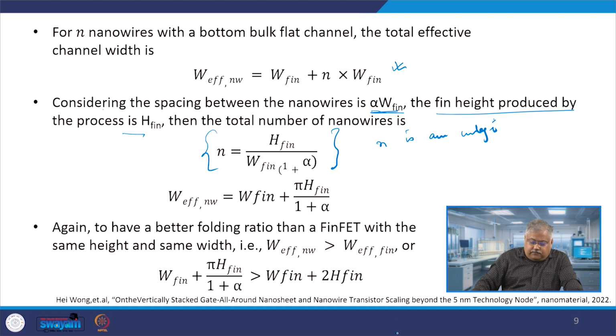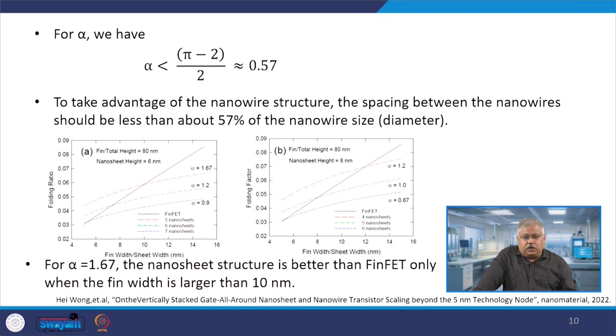Now, using the same concept as previously, if you want a better folding ratio than FinFET, then you need to maintain this inequality in a much more detailed manner. Once you maintain this inequality, you ensure that your folding factor or folding ratio is much better.